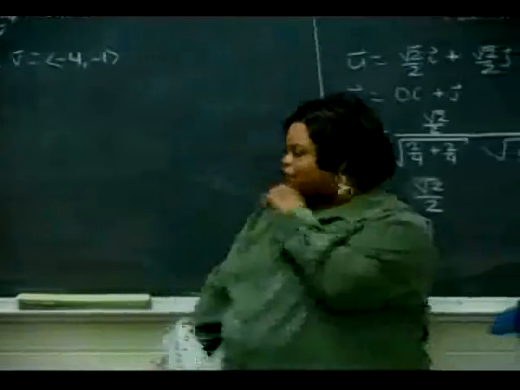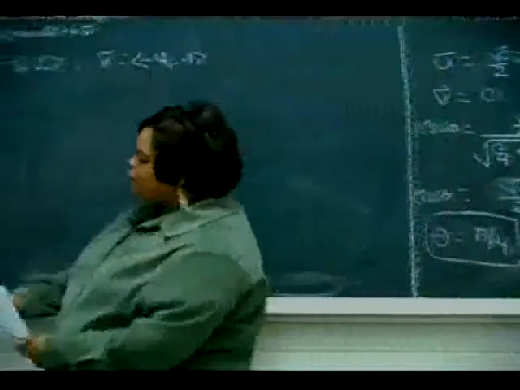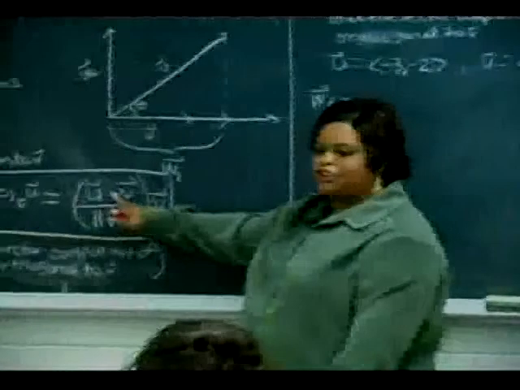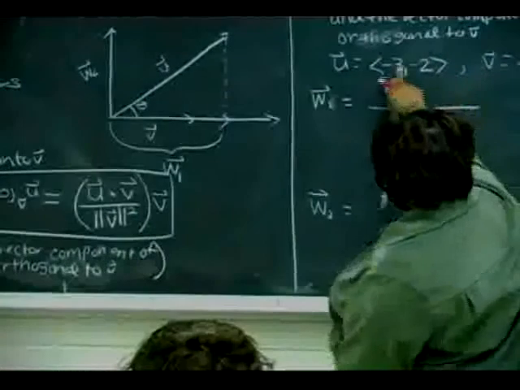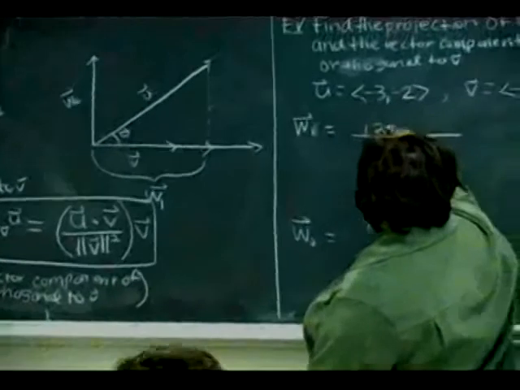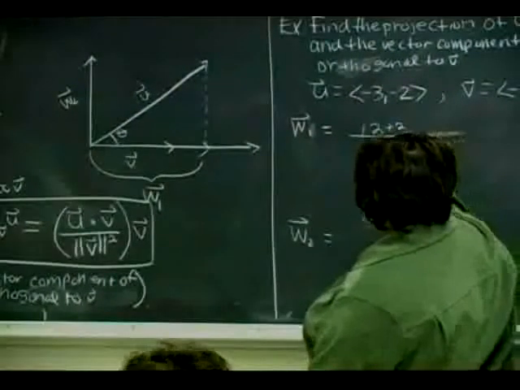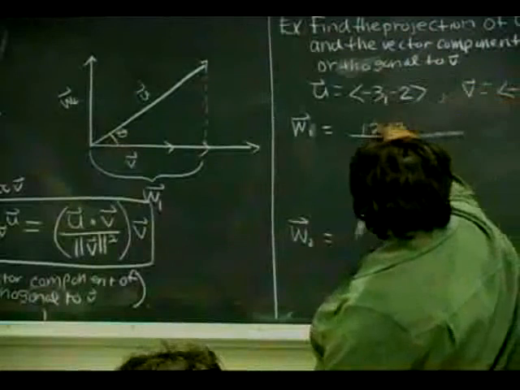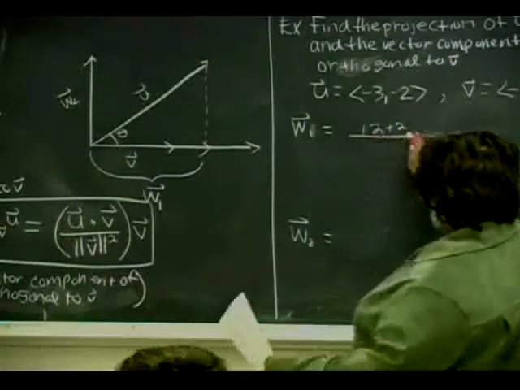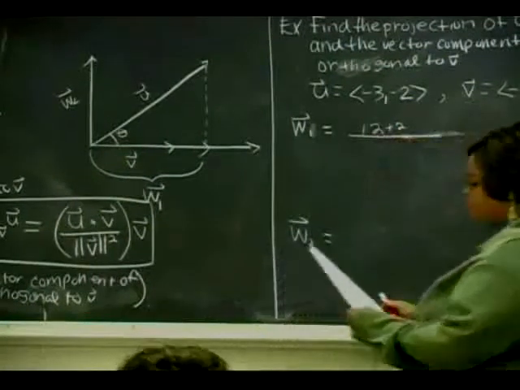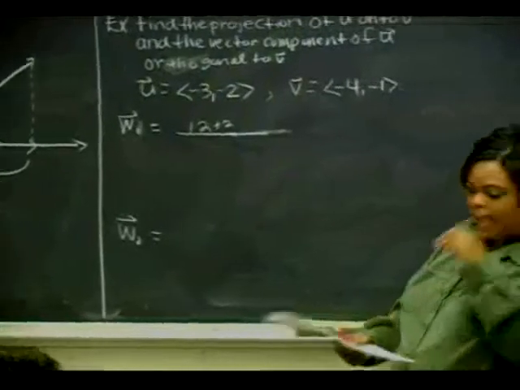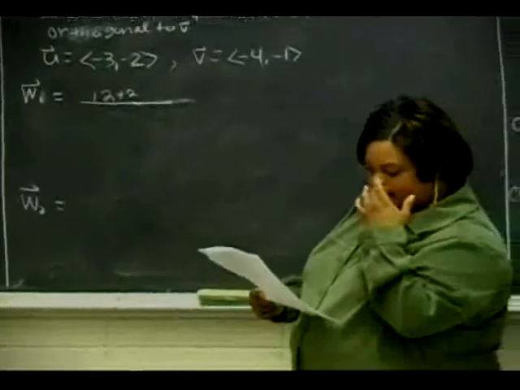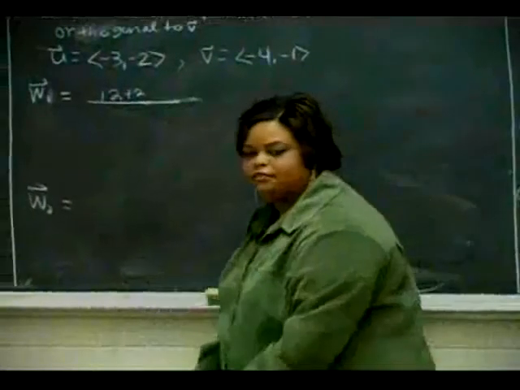Essentially you have to follow the formula. For W1, we need U dot V, which is 12 plus 2: -3 times -4 is 12, and -2 times -1 is 2. And we need the length of V squared.